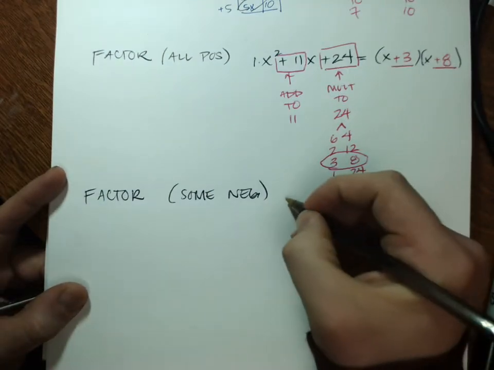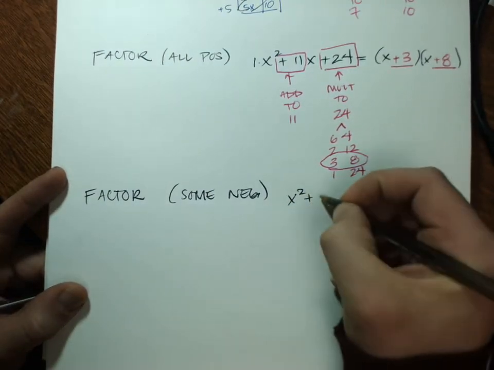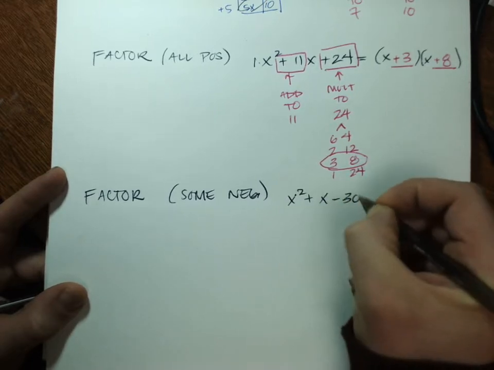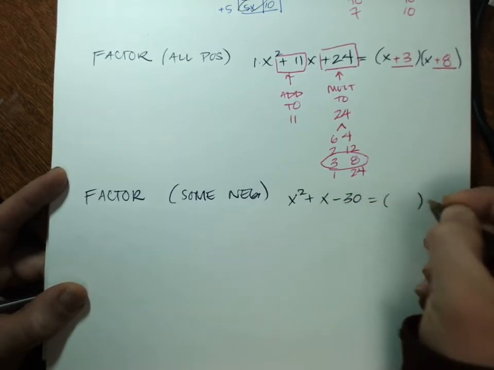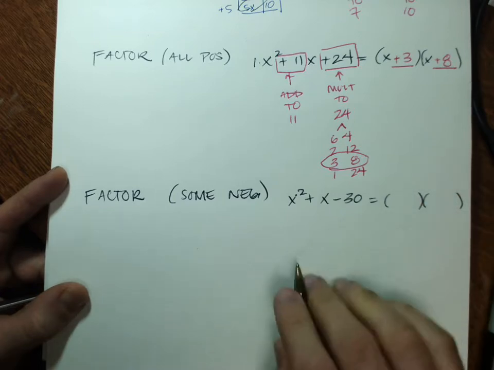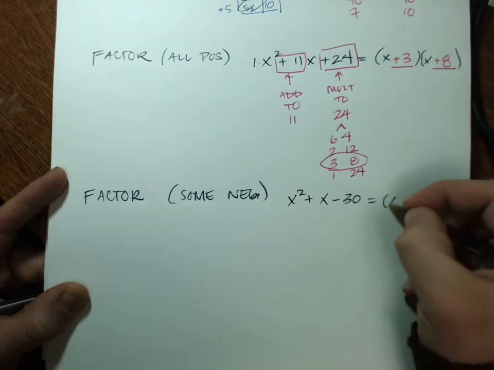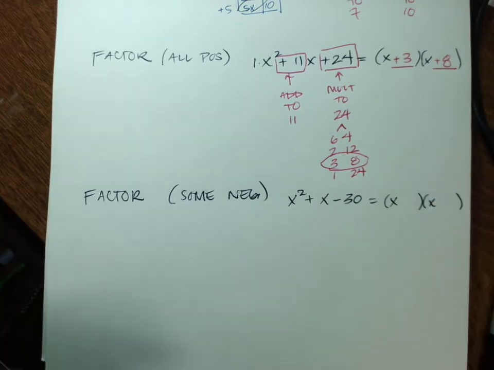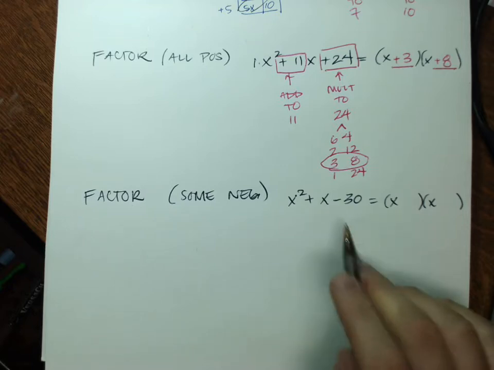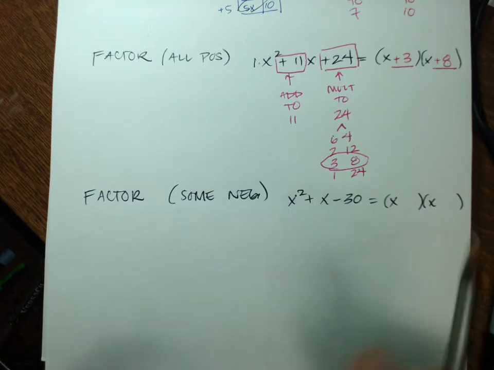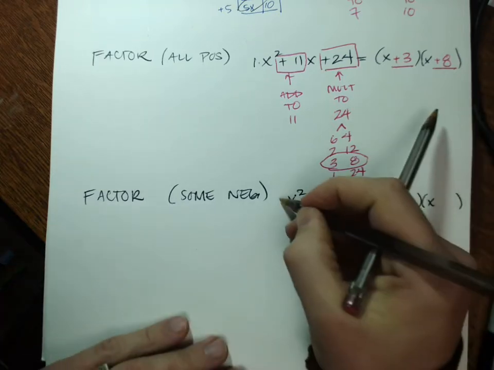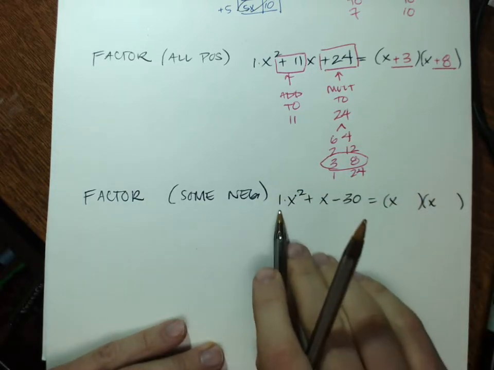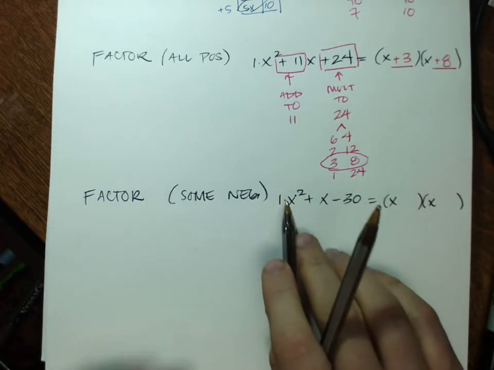So supposing we have instead x squared plus x minus 30, and we want to factor that into these two factors. Same as before, the x and x, we can start there because the leading coefficient, that is this number that is in the very front, is 1, or is implied.